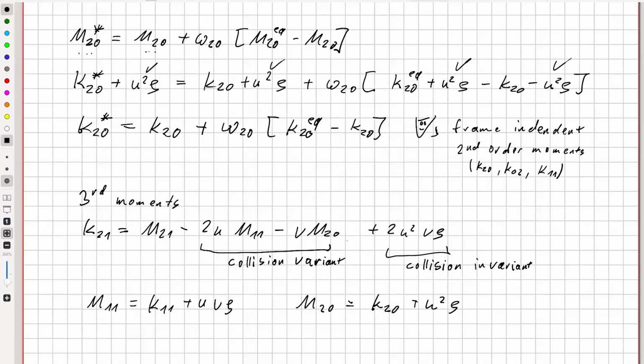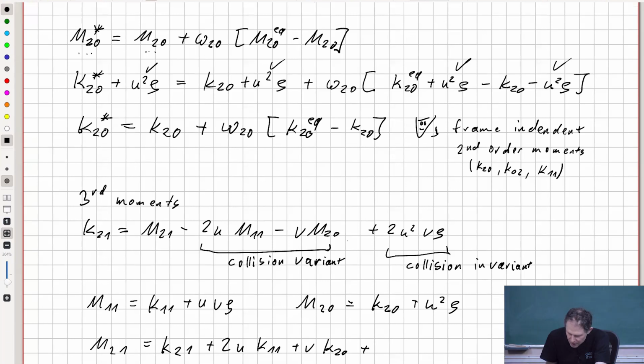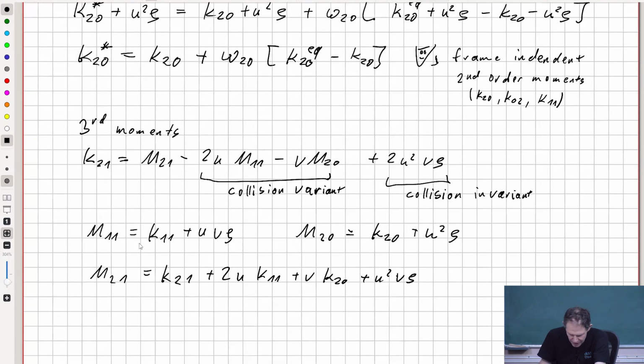Meaning that we can now solve this for M21 and get K21 plus 2U K11 plus V K20 plus U square V rho. So now this is the M21 expressed completely in central moments and velocity.